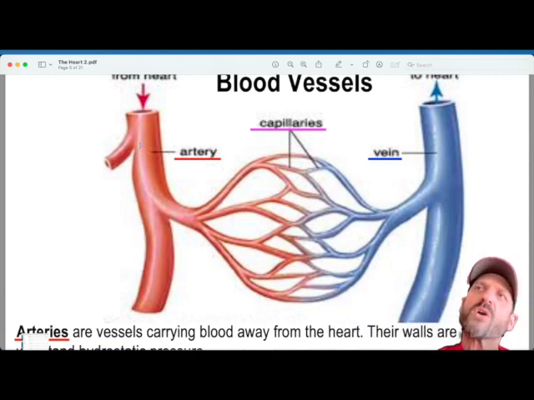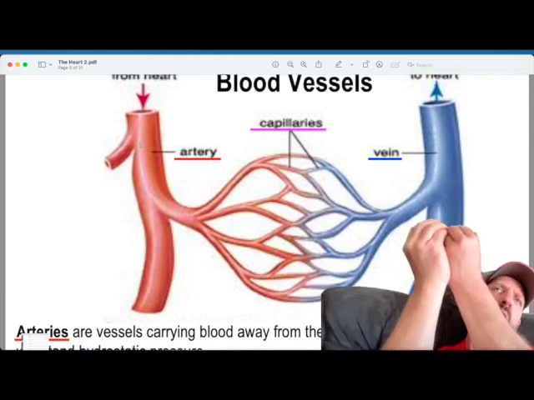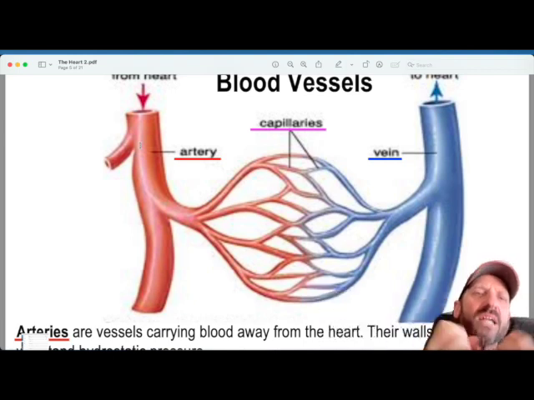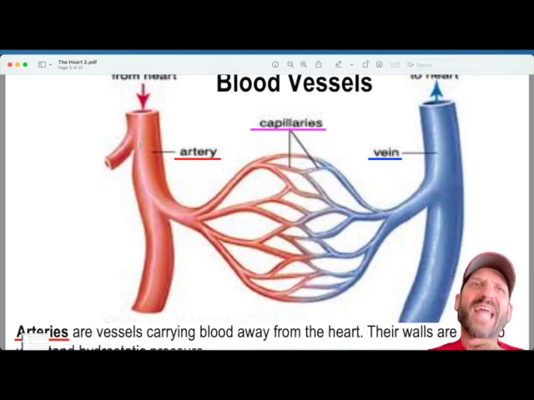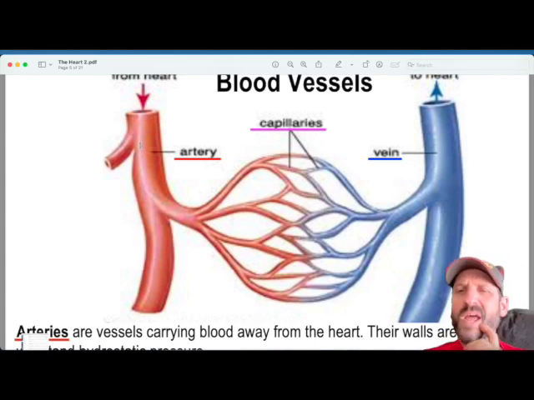But the term artery comes from the fact that the blood vessel that goes away from the heart has to withstand really strong pumping forces, hydrostatic forces, they call them.